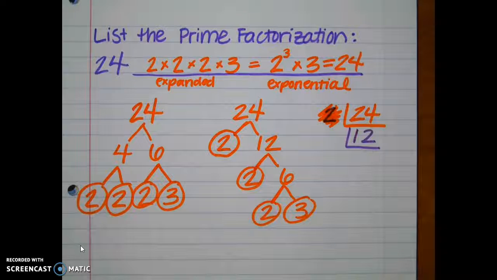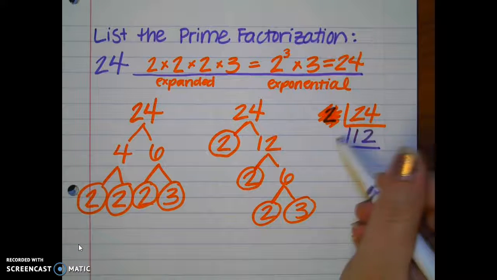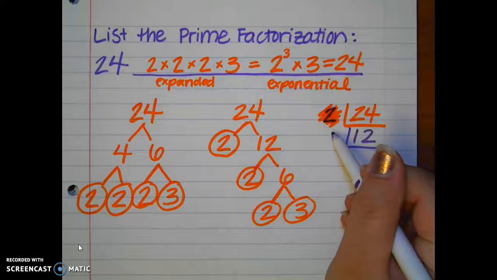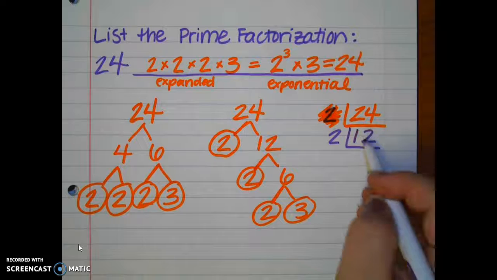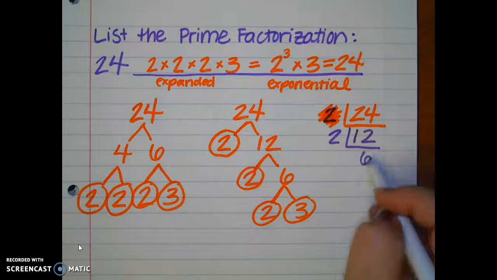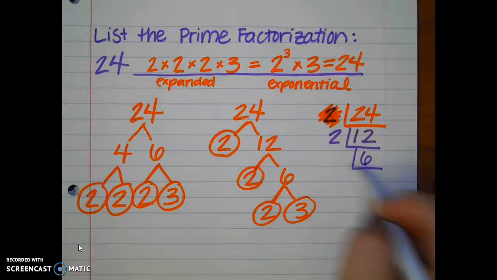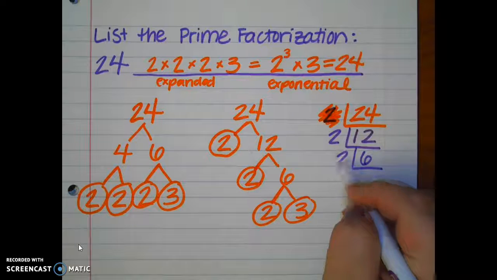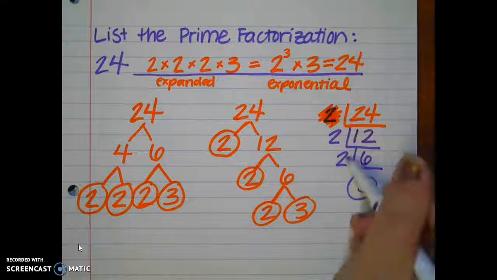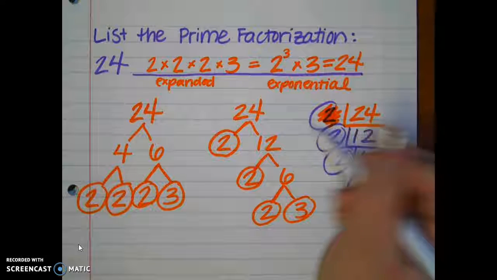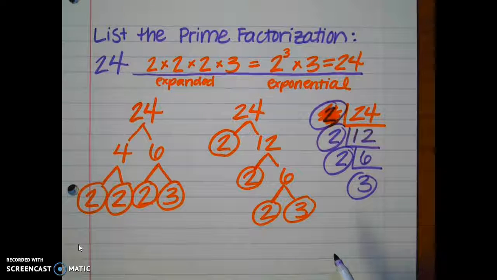That'll go in its own box. A prime number that can be divided by 12, you could do 3 or 2. We could do 2. 12 divided by 2 is 6. Same thing, we could do 3 or 2. We could do 2. 6 divided by 2 is 3. And then it gives us our prime numbers.